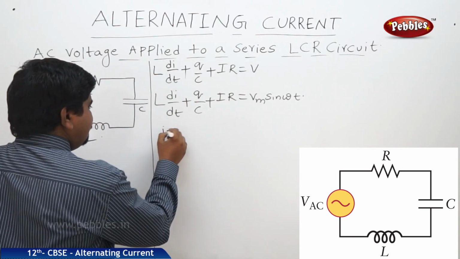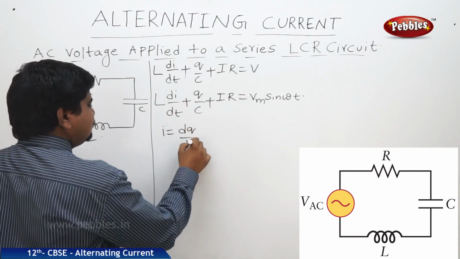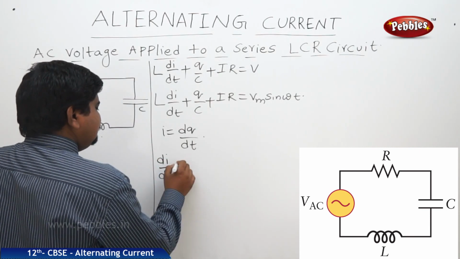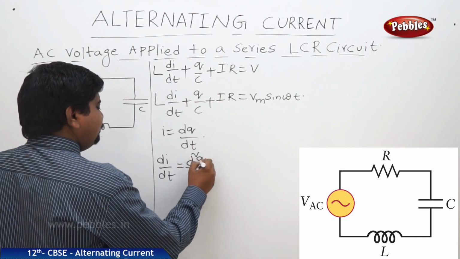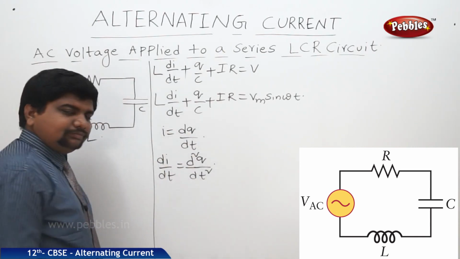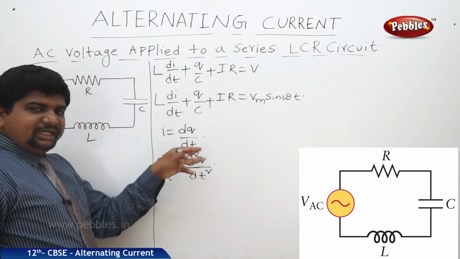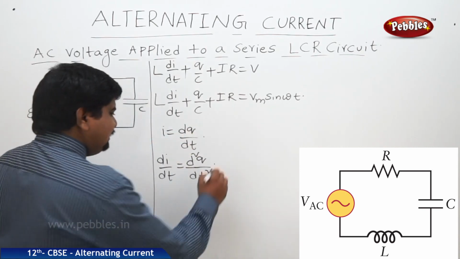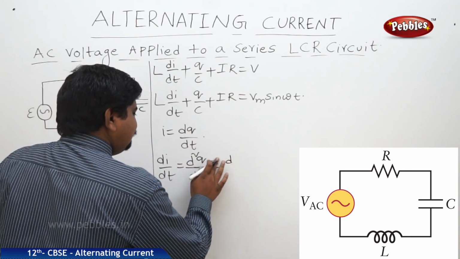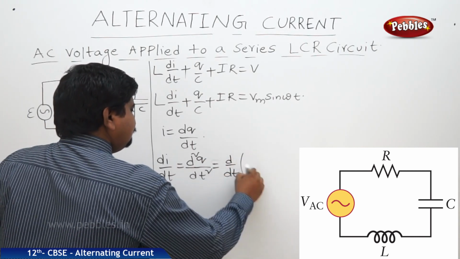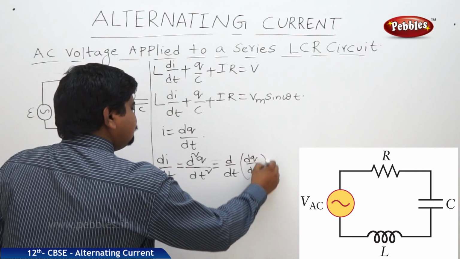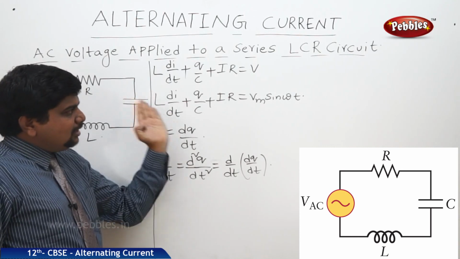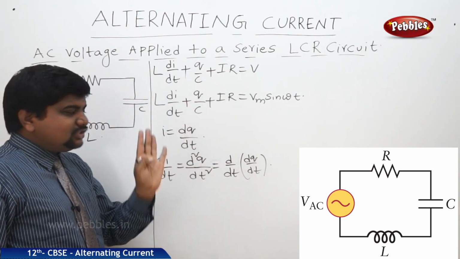We know that I is equal to dq by dt. What is di by dt? It is d square q by dt square, because di by dt is nothing but differentiating dq by dt again. We are transforming the whole equation into terms of charge.